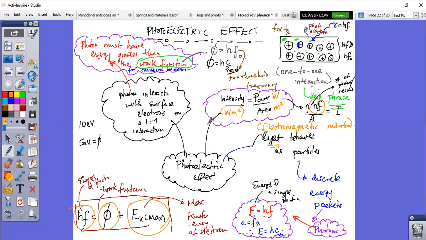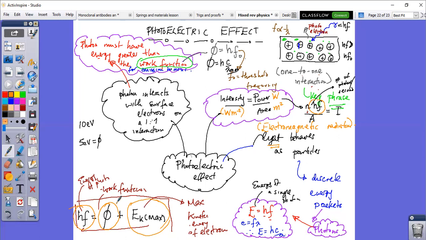As it's a one-to-one interaction, the amount of interactions that occur increases. Very good. Meaning more photoelectrons are released, or liberated, whatever the correct terminology is. And because the energy of a single photon remains unchanged, the EK max remains unchanged as the work function is still constant. Are you following that? Very good, Tom. Well done on that one.